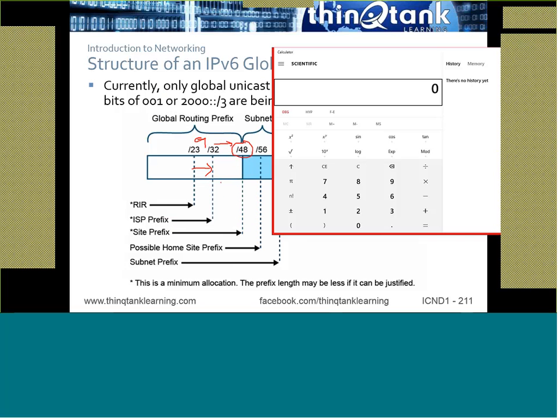So now we've got 512 million times 65,536 networks. That is whatever that is. Is that trillion? 33,554,432,000,000 networks. We haven't even gotten to the host level yet.